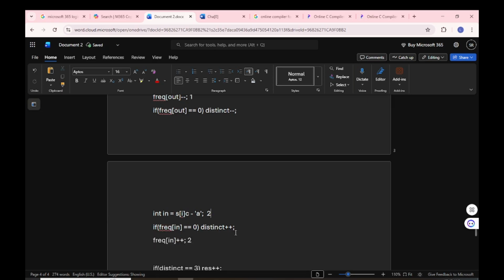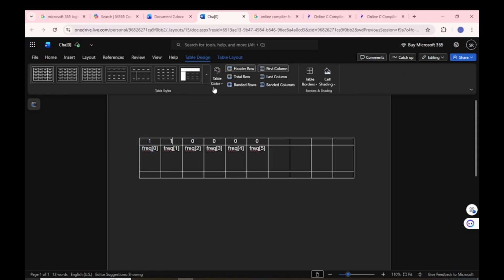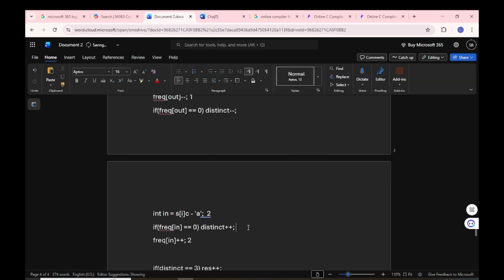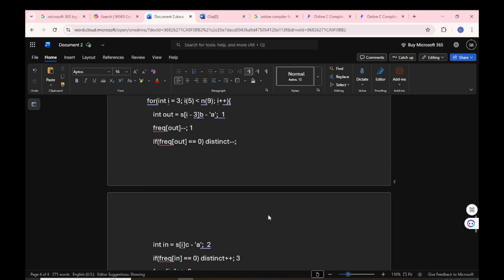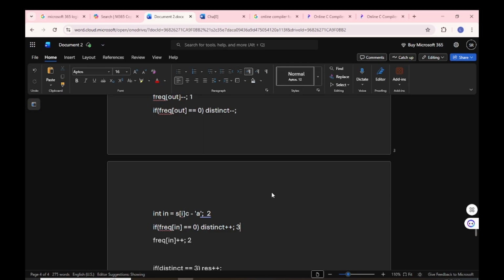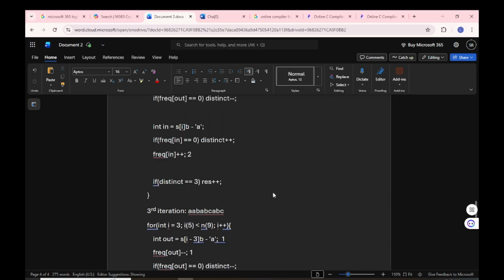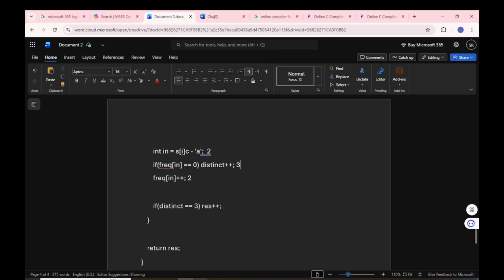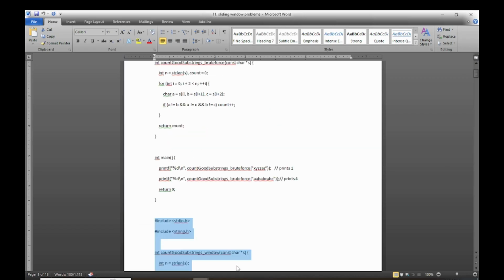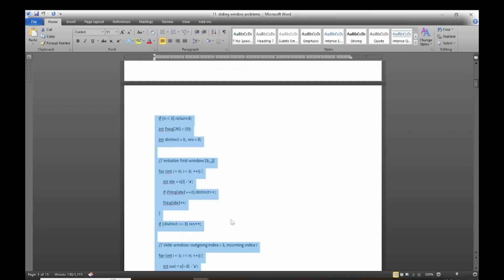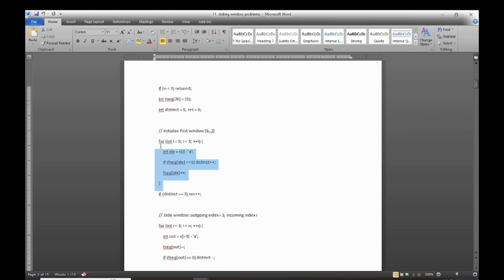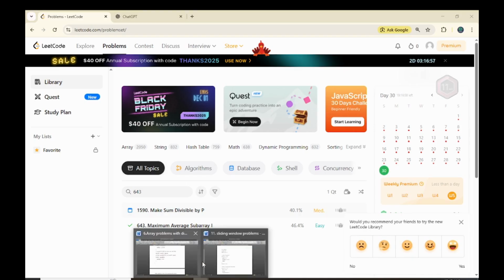So if frequency in equals 0, distinct plus plus. So let's say frequency 2 is 0, so distinct would be plus plus, that means previous distinct was 2, now 3, right? I hope you remember when distinct was 2, in the first for loop we had 2, remember? When we ran this for loop, we had distinct 2, right?